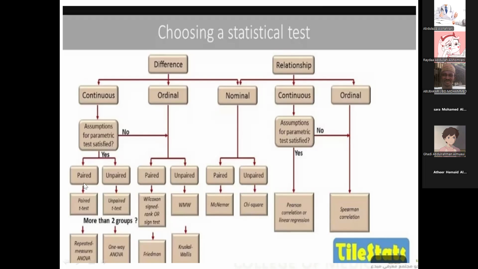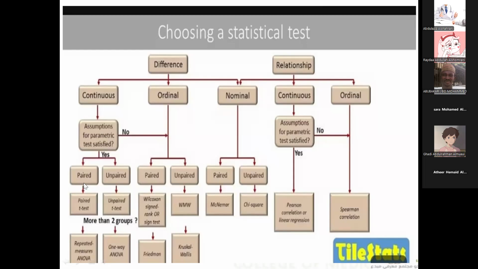You can take it when somebody is at rest, then maybe you ask him to go and do some exercise, then you take it for the second time. That is an example of paired data. Unpaired data is when you have two separate groups. Maybe you have a group that is exposed to a particular event, then you have a control group. That is unpaired data.